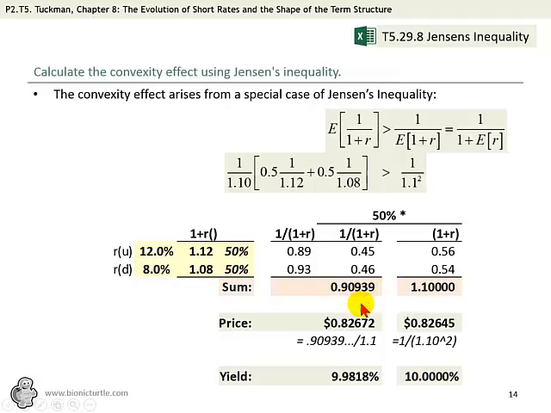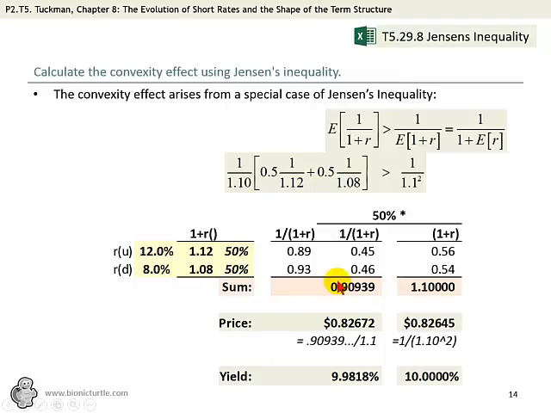0.90939. And then notice what we're doing right here is converting this into a price. We're discounting, right, at that 10%. That's the expected future rate, the 10% weighted average, but discounted at the 10%.